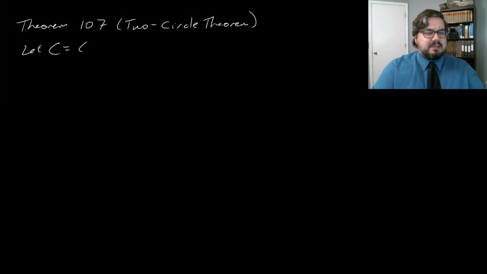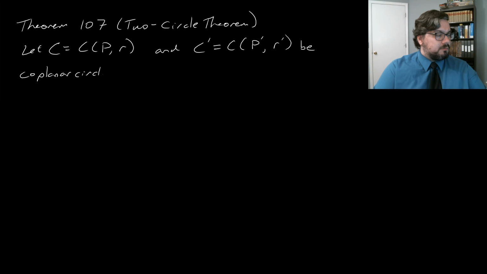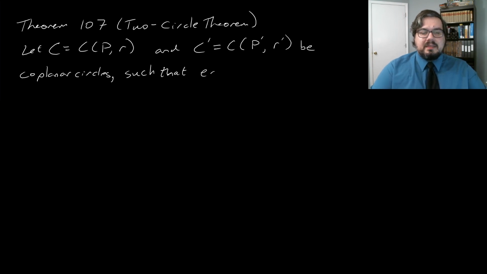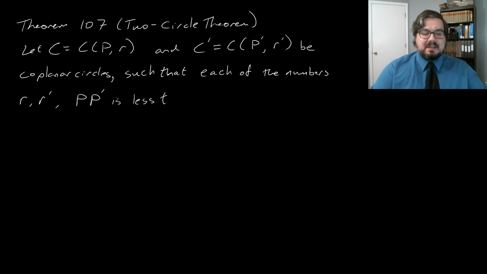Let C be the circle with center P, radius R, and let C prime be the circle with center P prime and radius R prime, be coplanar circles such that each of the numbers R, R prime, and PP prime, the distance between the two centers, is less than the sum of the other two.